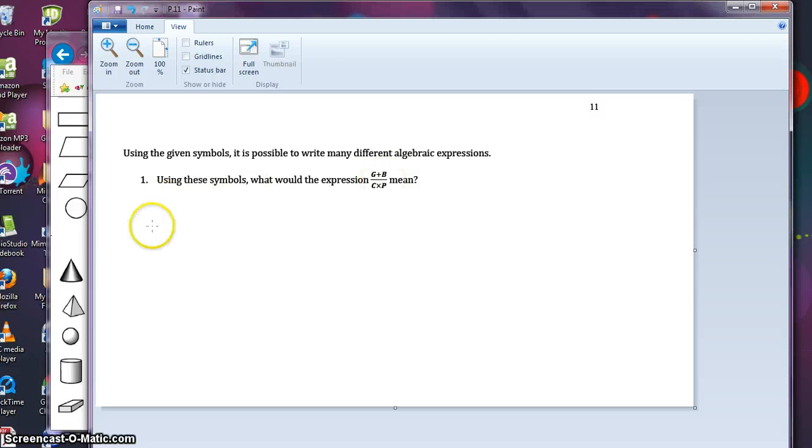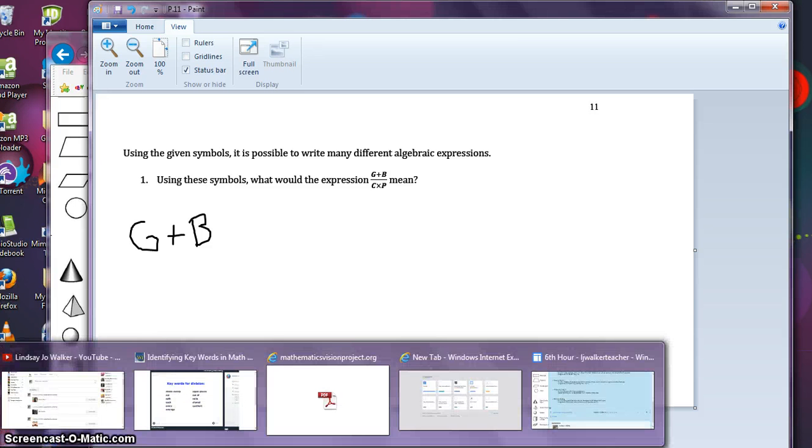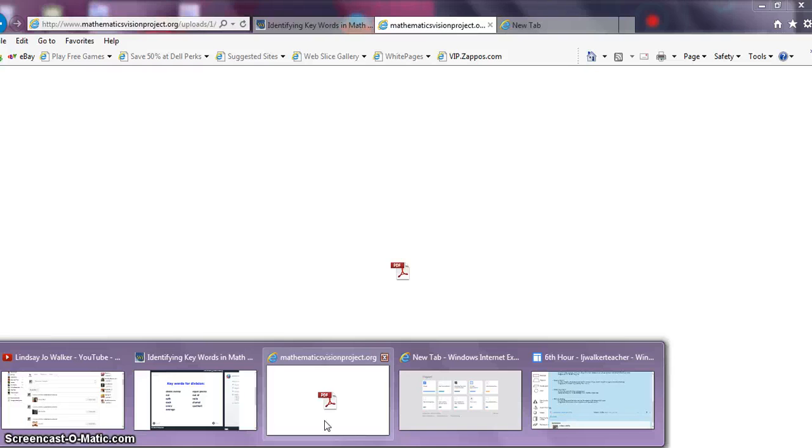So we need to take a look at this. Well, we're taking whatever G stands for plus B. When you're adding, that means that you combine 2 things together. So when I say I'm doing G plus B, that means I'm combining whatever G is with whatever B is.